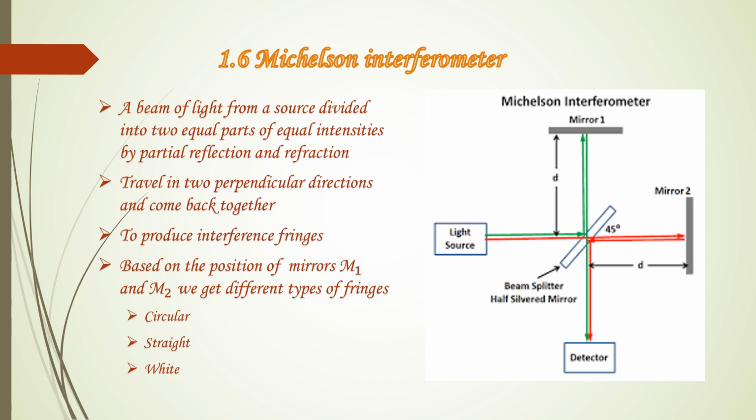Mirror 1 and mirror 2 decide the output of the interferometer. Mirror 1 is fixed and mirror 2 is movable with respect to mirror 1. If the angle between these two mirrors is exactly perpendicular, that is 90 degrees, we get circular fringes. Otherwise, we get straight fringes. If we use white light, we get white fringes.